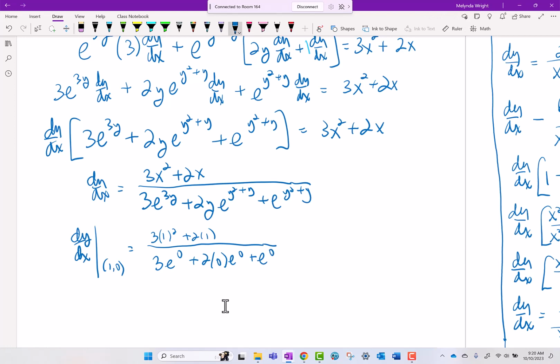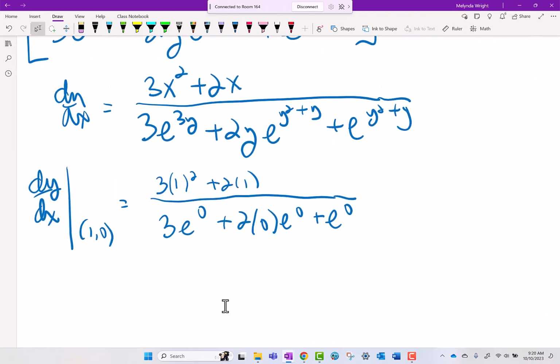And I'm going to pause there for just a moment. Okay. So let's see, 3 plus 2 is 5. And what is e^0? 1. Isn't e^0 1? Yep. So that's 3 plus, and this 0 right here wipes out this whole middle term, doesn't it?